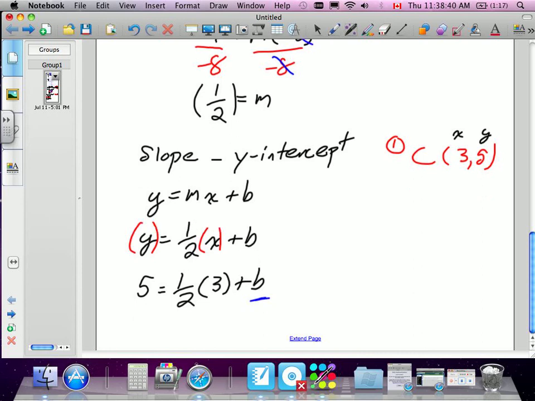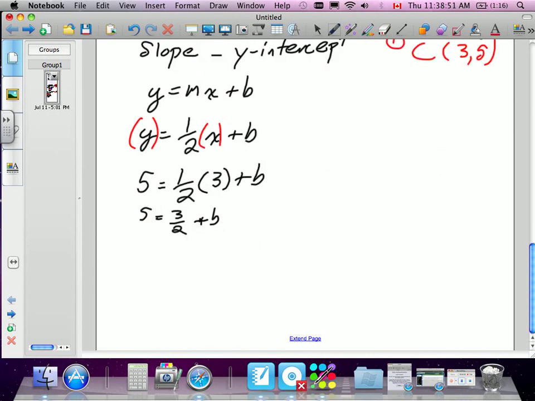5 is equal to 3 over 2, or that's multiplying fractions, so I get 3 over 2 plus b. And I need b by itself, so I need to move 3 over 2 to the other side. So it will become negative on the other side. 5 subtract 3 over 2 equals b. Okay?